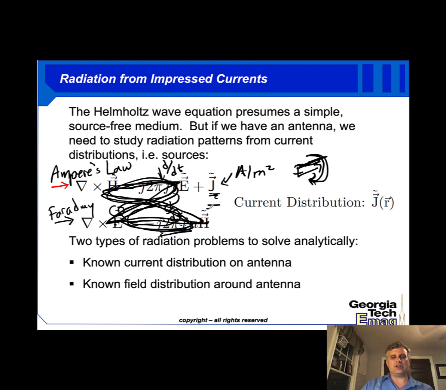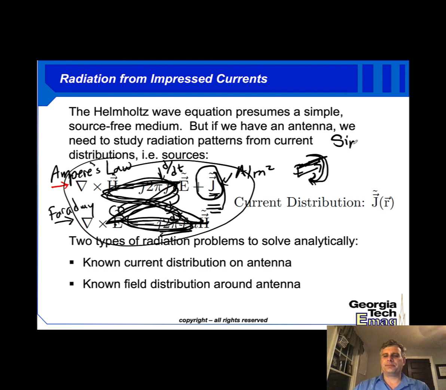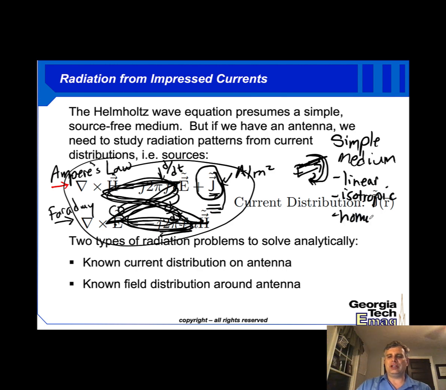In the Helmholtz wave equation, we were simply studying waves in free space. There was no J term. Why? Because to get this form of Maxwell's equations, we needed a simple medium which was linear, isotropic, that means it behaves the same in all directions, and homogeneous, which means the same in every point in space.